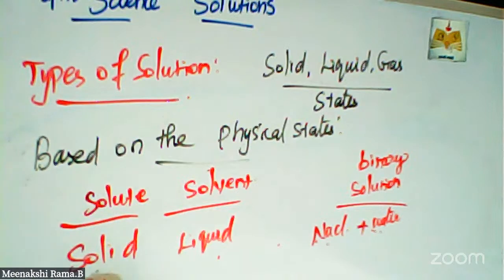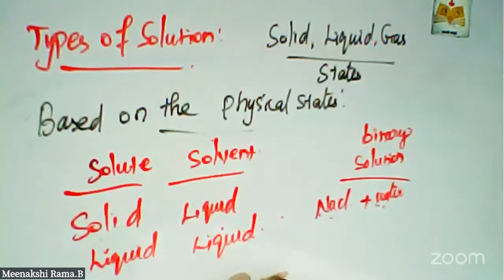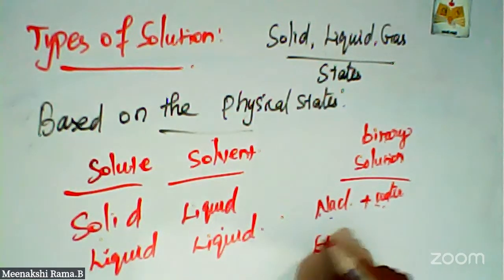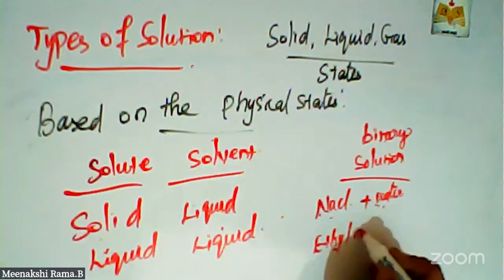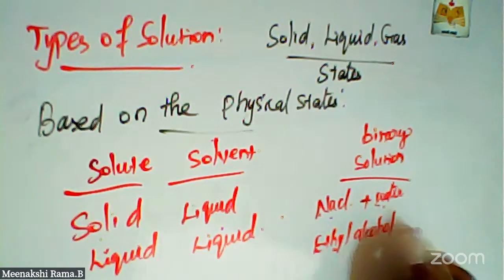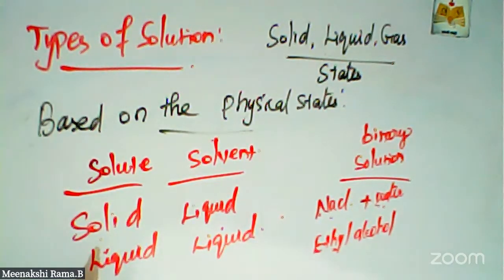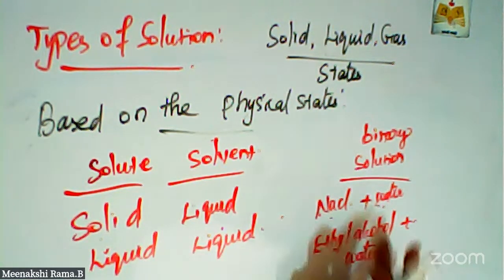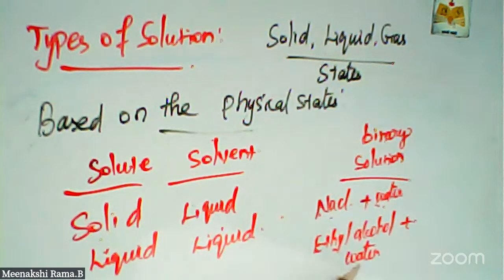And then next one is liquid and liquid. Both are in liquid state. So a liquid example is ethyl alcohol, and one more liquid example is water. Completely ethyl alcohol is dissolved into water.